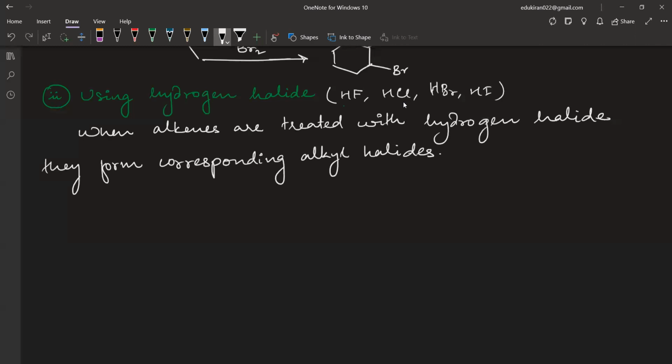So the reaction is carbon double bond carbon plus HX. Here one of the carbons will get hydrogen and the other carbon is going to get your halogen atom. This is going to be your product.